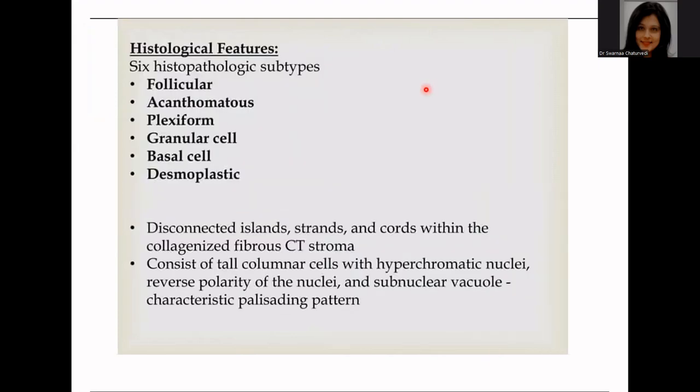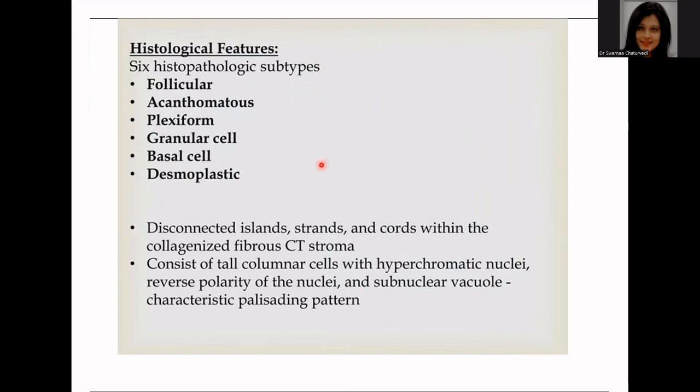From a histological point of view, there are 6 subtypes: follicular, acanthomatous, plexiform, granular cell, basal cell, and desmoplastic type. Other features are disconnected islands, strands and cords within a collagenized fibrous connective tissue stroma.